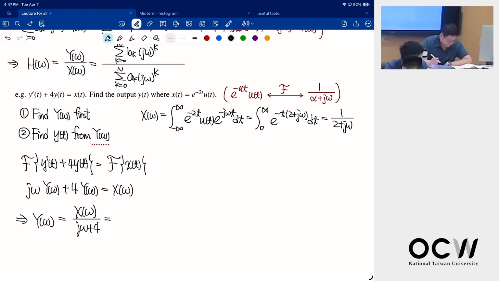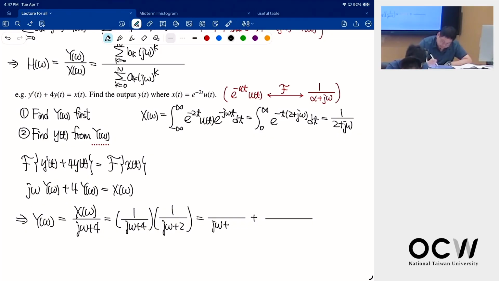We also have X of omega, so that is 1 over j omega plus 4, and then your X is 1 over j omega plus 2. So using the partial fraction, I have j omega plus 4 and also j omega plus 2.